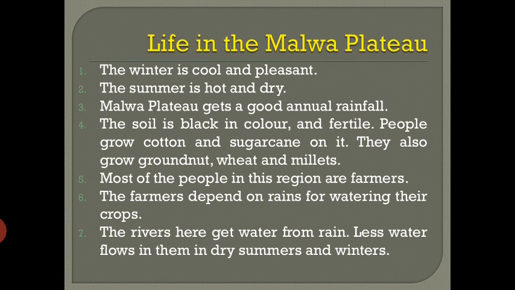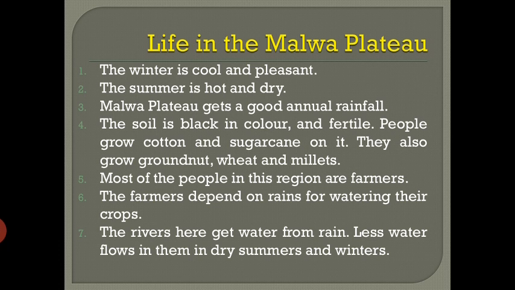People grow cotton and sugarcane on it, and they also grow groundnut, wheat, and millets. Most of the people in this region are farmers, and the farmers depend on rains for watering their crops. The rivers here get water from rain, and less water flows in them in dry summers and winters.